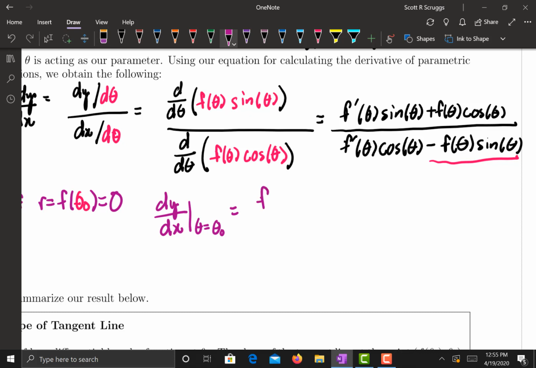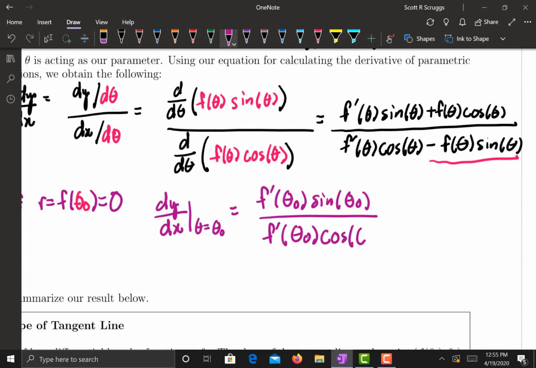So that reduces down to just the first derivative of f evaluated at theta naught times sine evaluated at theta naught, divided by the first derivative evaluated at theta naught times cosine evaluated at that point. Those two cancel out, and I have sine over cosine, which just gives me tangent.